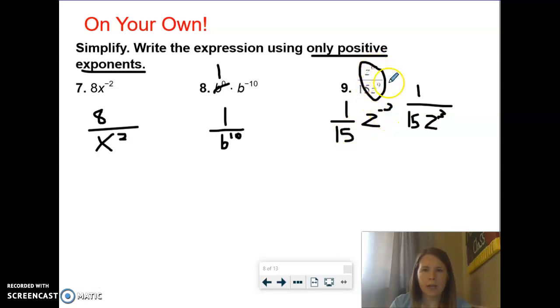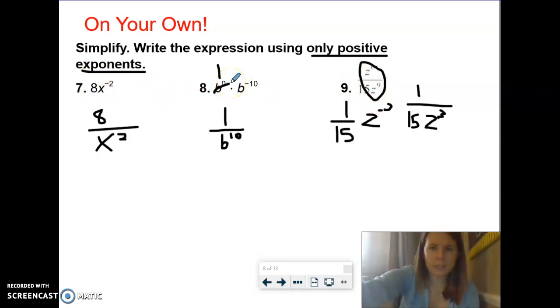So I subtract my exponents of the z's, so I get z to the negative 3, okay? Again, I don't want any negative exponents, so I bring this back down to the bottom with that 15, and I'm left with 1 out of 15z to the third. Because that 15 started at the bottom, I have to keep it at the bottom. Whereas all these other things stayed at the top, they weren't part of a fraction, so they're going to stay as your numerator.